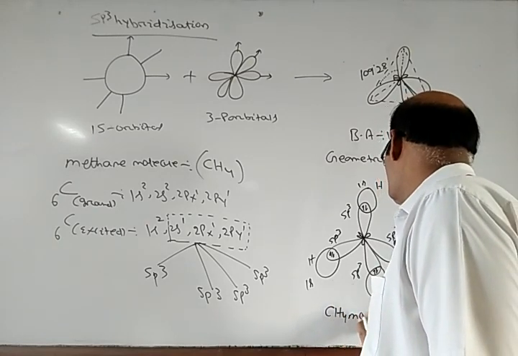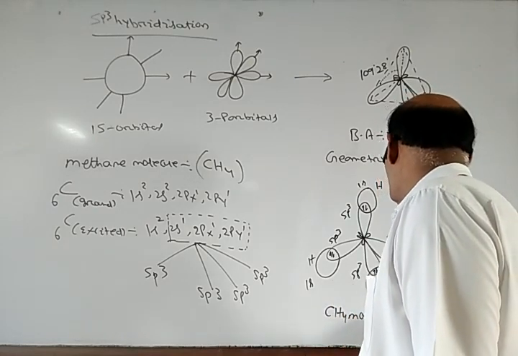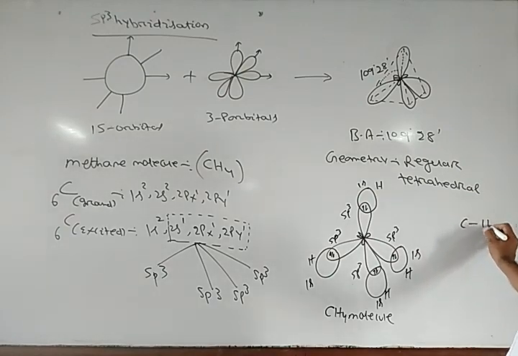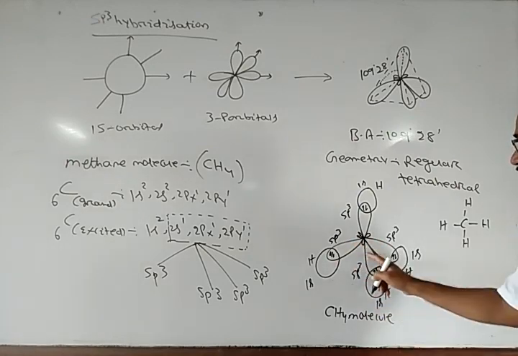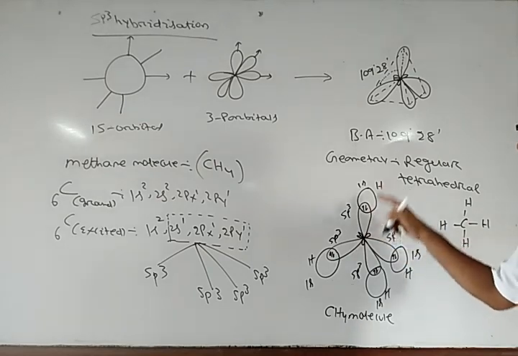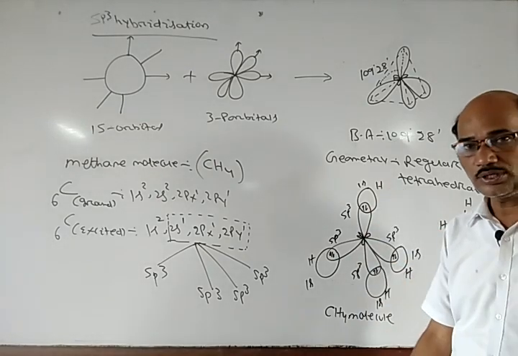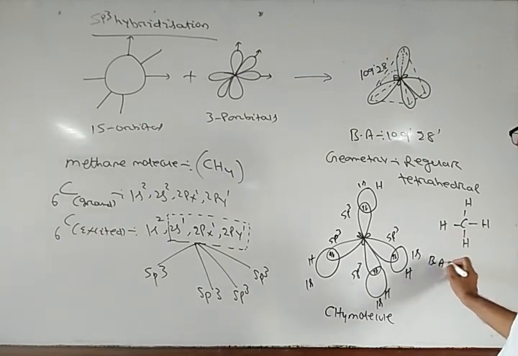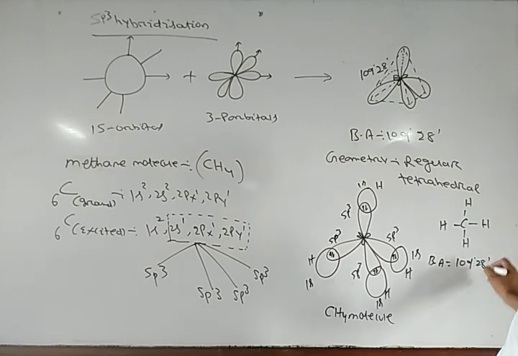So that is CH4, because all these bonds are sp3-s sigma bonds. So all these C-H bond lengths are equal. And here you see the bond angle is equal to 109 degree 28 minutes.